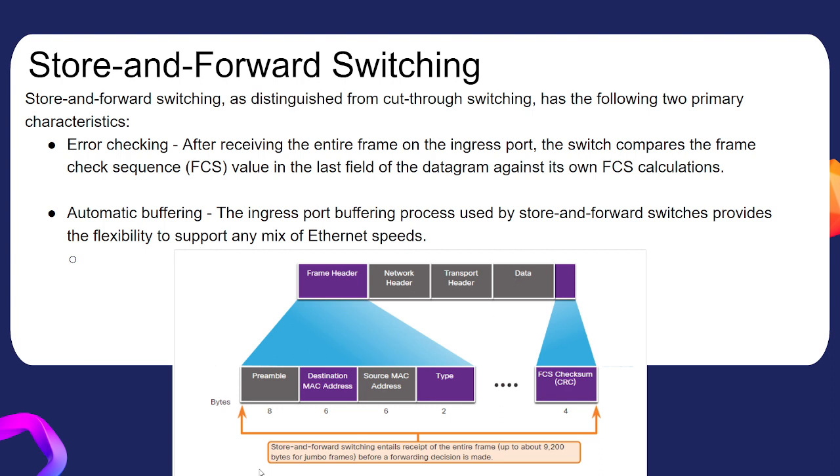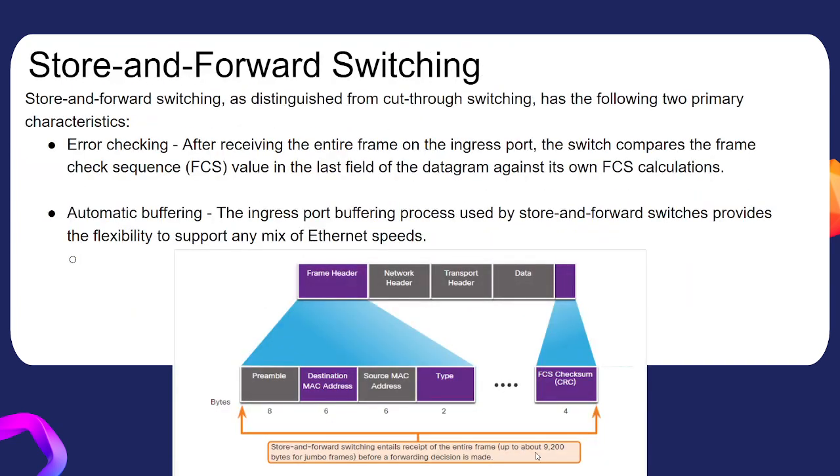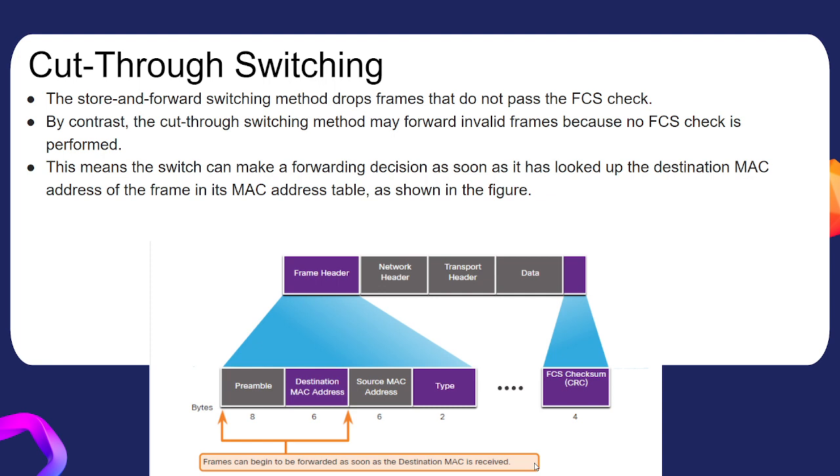So we have our example here, where store-and-forward switching entails receipt of the entire frame, up to 9,200 bytes for jumbo frames, before a forwarding decision is made. Also, we have cut-through switching. The store-and-forward switching method drops frames that do not pass the FCS check.